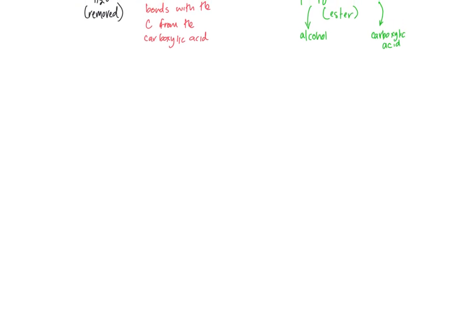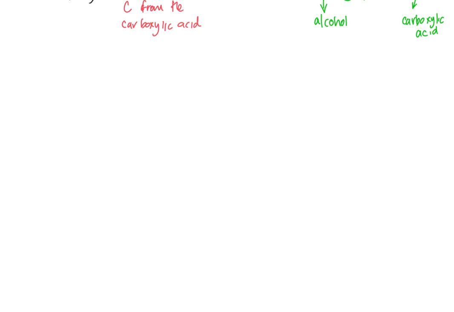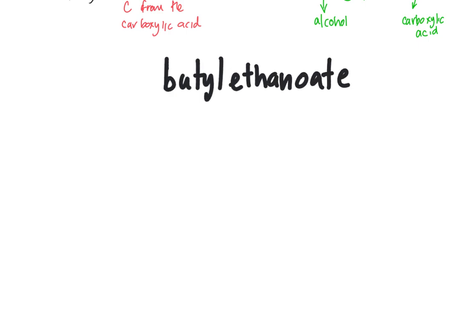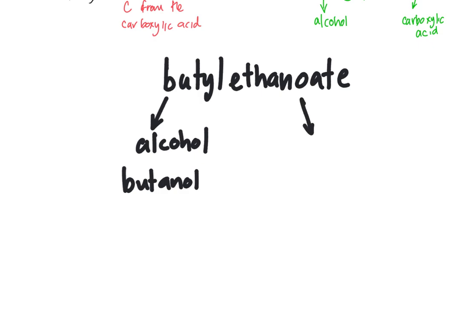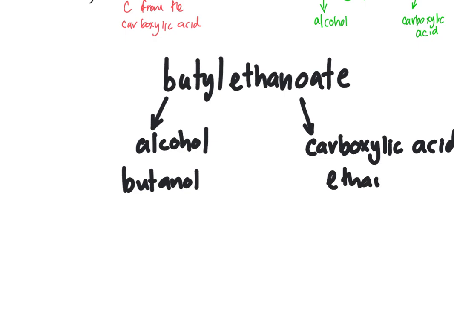For example, let's use butyl ethanoate. If the ester is butyl ethanoate, then the butyl is coming from the alcohol, so the alcohol is butanol, and the ethanoate is coming from the carboxylic acid, which would be ethanoic acid.